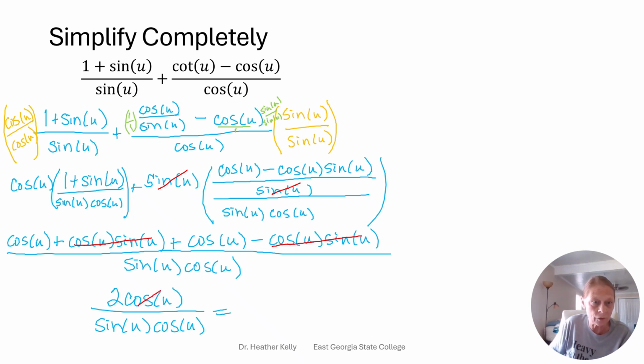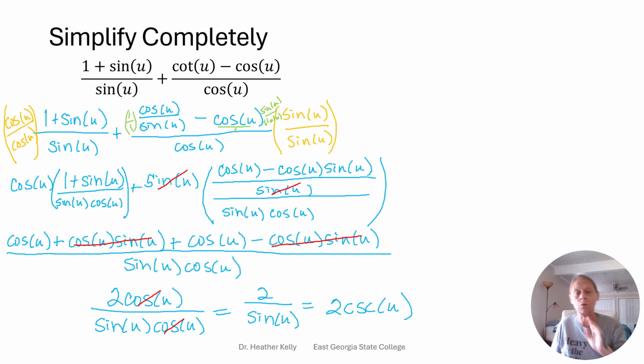The cosine u's are going to cancel, and we're left with 2 over sine u. And if we want to simplify this completely, make it look as best as possible, that's going to be 2 times 1 over sine, which is cosecant of u. So that is that mess up there simplified down to this.